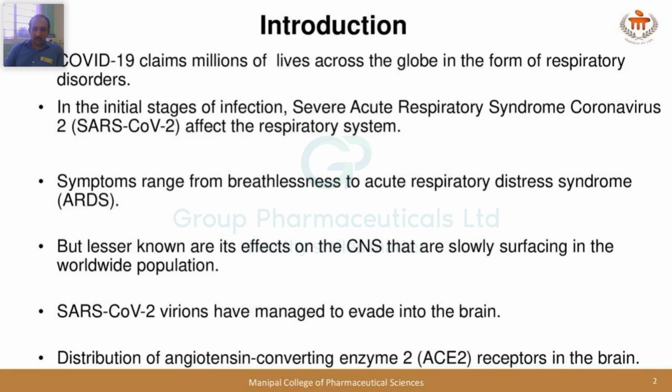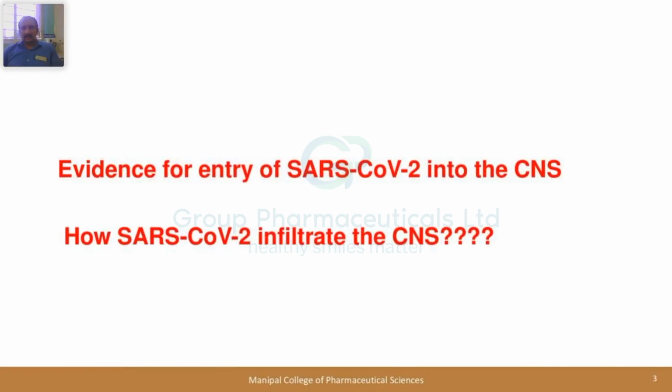Now let's see what evidence is available for the entry of SARS-CoV-2 into the CNS. What are the ways through which the virus can enter the CNS? We'll see one by one the routes through which SARS-CoV-2 might have managed its path into the CNS.